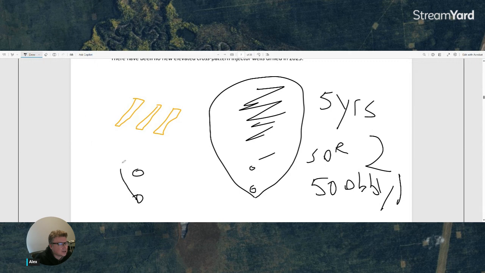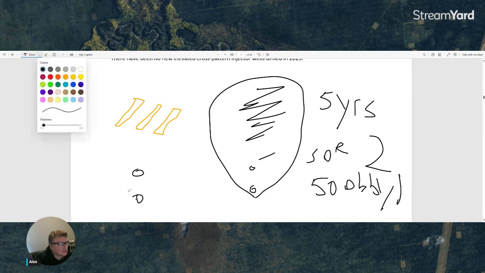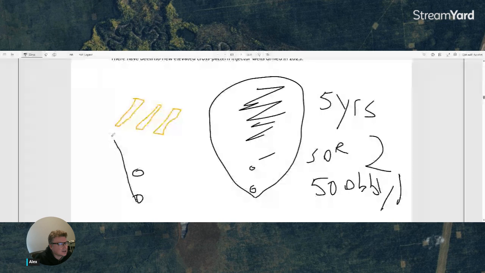So originally it looked like this. But now when we try to draw what happens after 5 years, it may look like this, with the heat transfer like this.